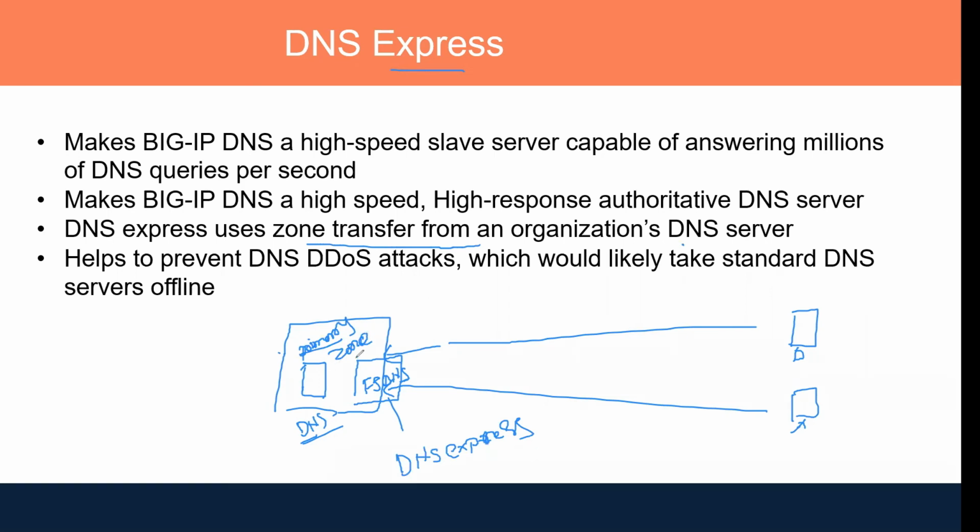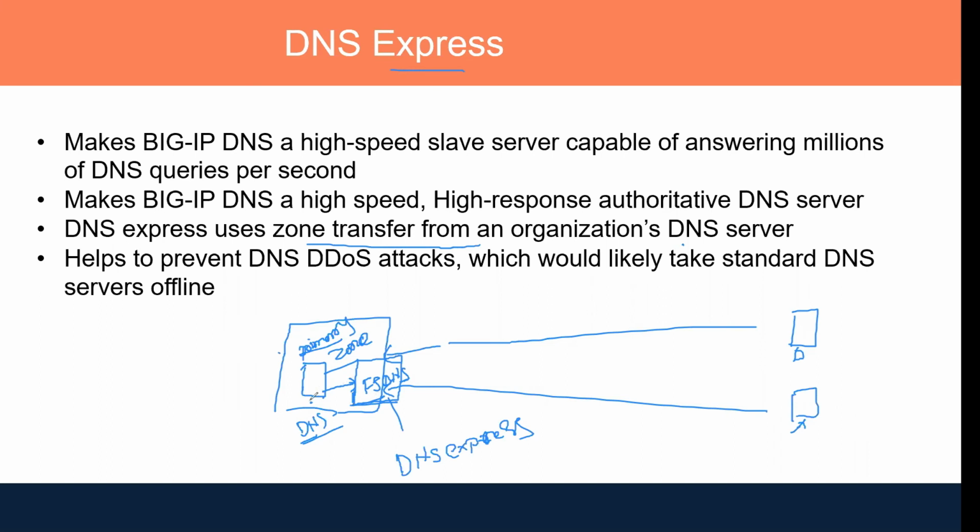You know the zone file, right? There would be entries of all the domain names, etc. So the primary zone file would be here, and a copy of that zone file would be stored by this F5 DNS. Now if a query is coming from outside, all the queries would be resolved by F5 DNS itself.